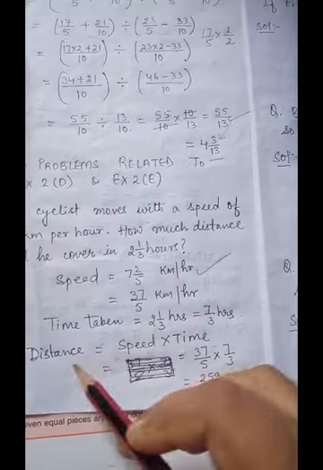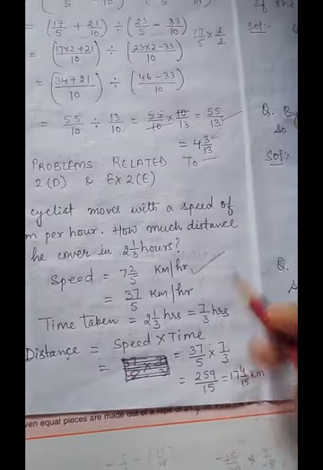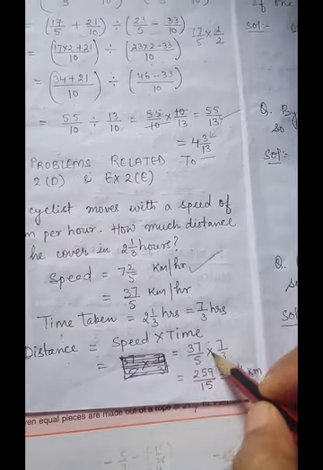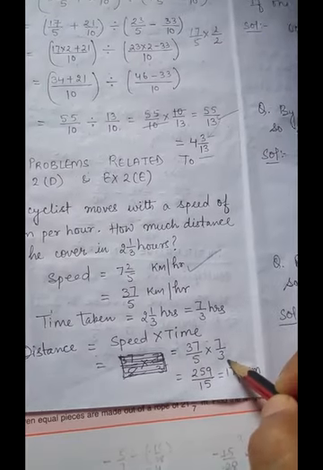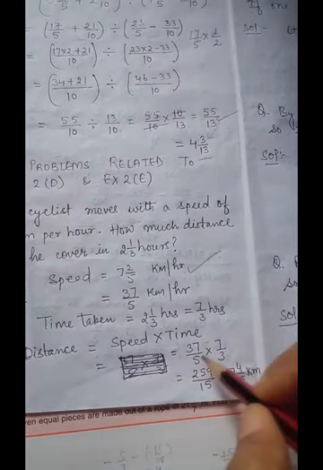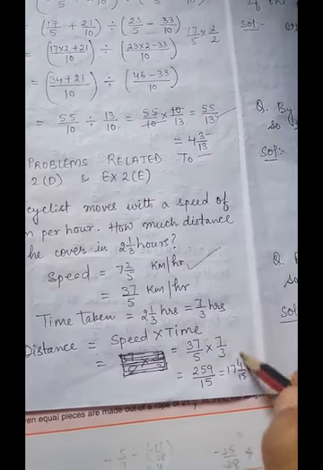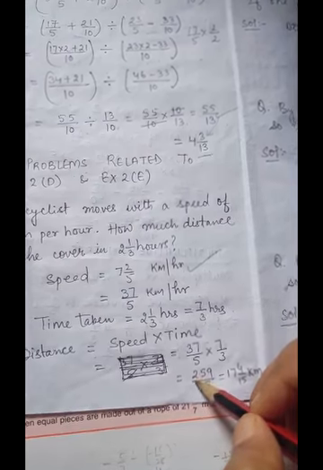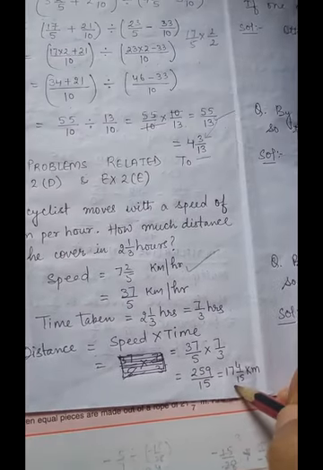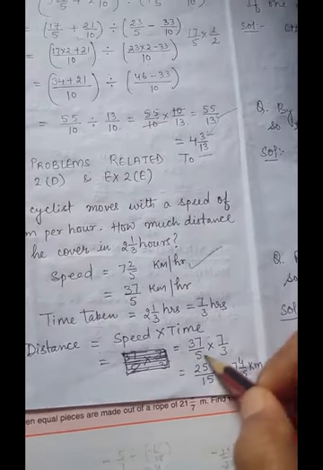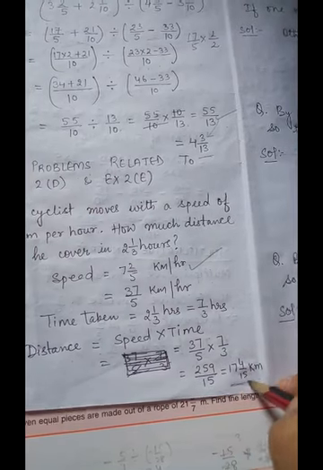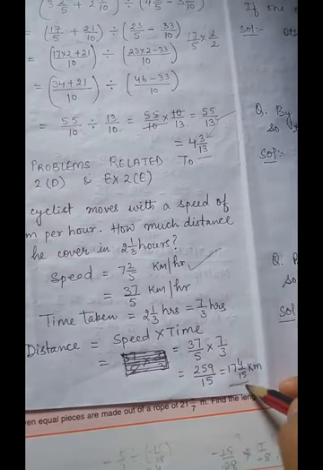Distance is equal to speed into time, which is 37 by 5 multiplied by 7 by 3. Cutting is not done here because they are all in lowest terms. So this is 259 by 15. After dividing this, you will get 17 whole 4 by 15 kilometers.